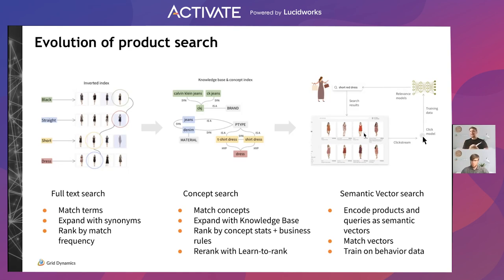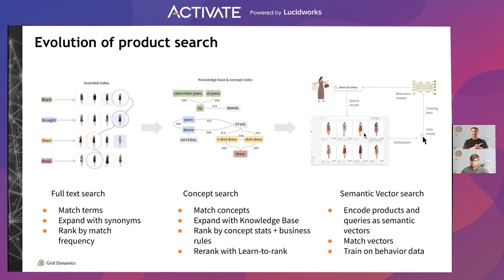carry meaning, which means that the products and the similar products will be sitting together in this vector space very close, and they will be close with their corresponding queries. And we will be able to convert the problem of matching the terms to the matching vectors, which is very well solved problem.